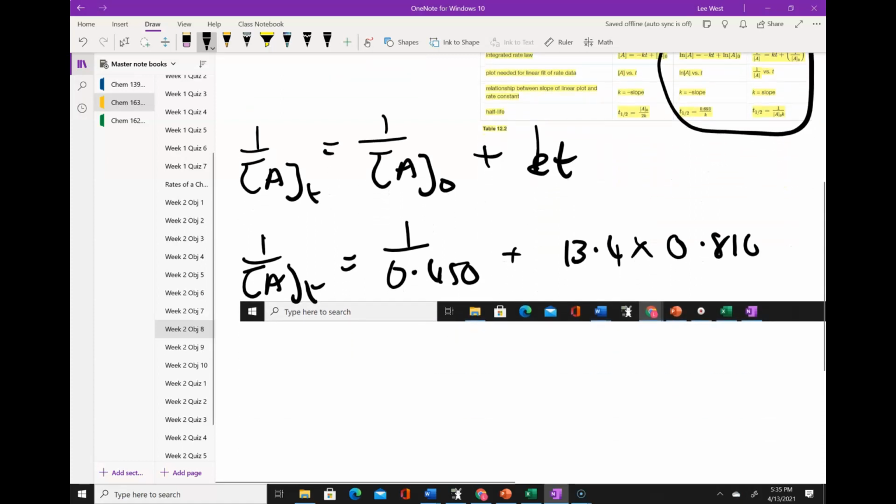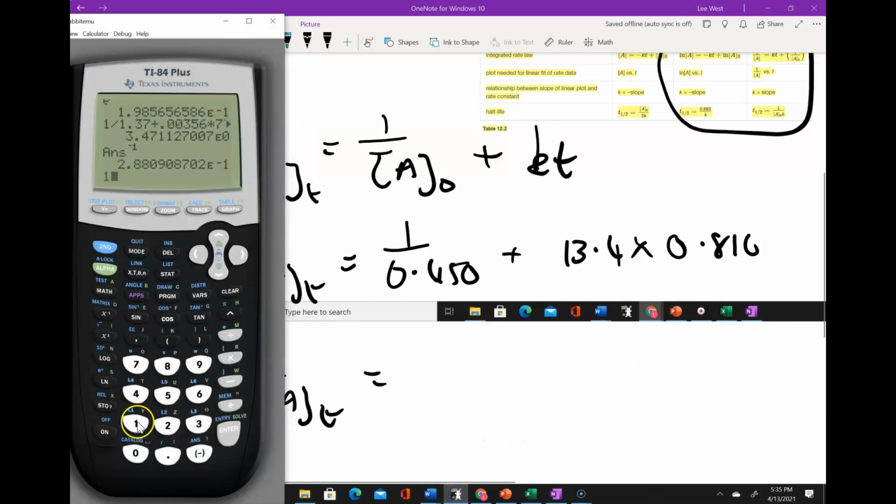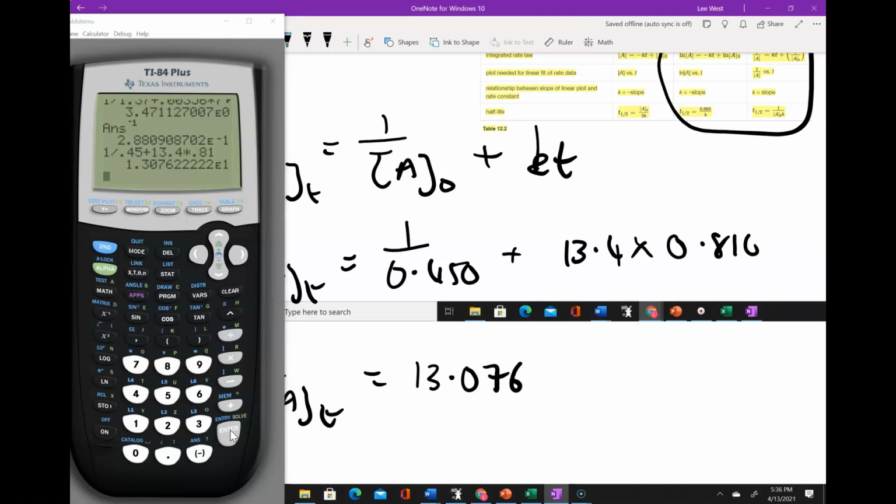So 1 on the original concentration plus k times t. There we go. And so 1 on my concentration at t equals 0.810 will be 1 on 0.45 plus 13.4 times 0.81 equals 13.076, right?